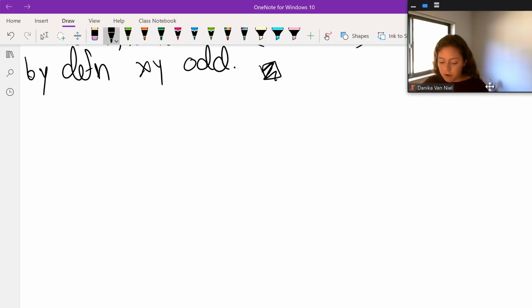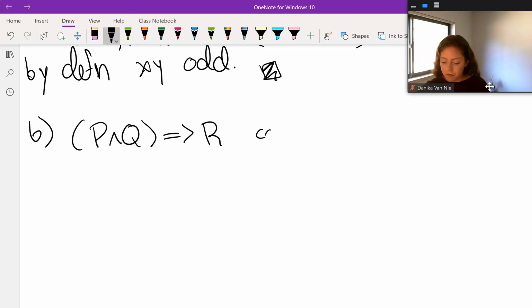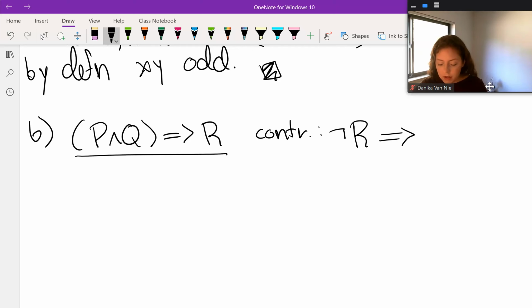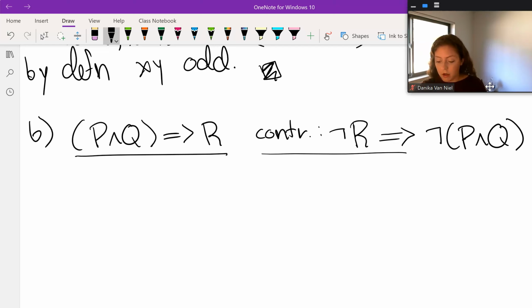Okay, so what's next? Contrapositive. Hopefully you remember what contrapositive means. Our original statement is P and Q implies R. The contrapositive is going to be not R implies not (P and Q).